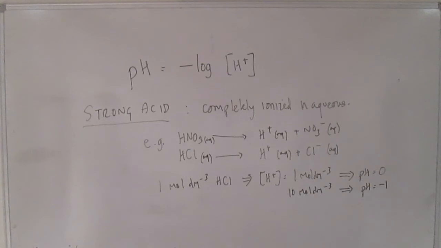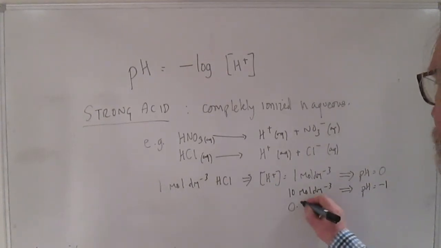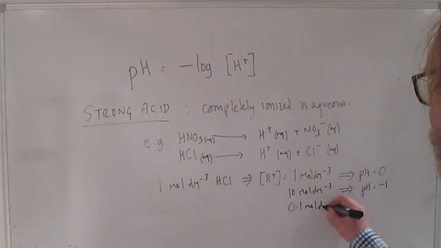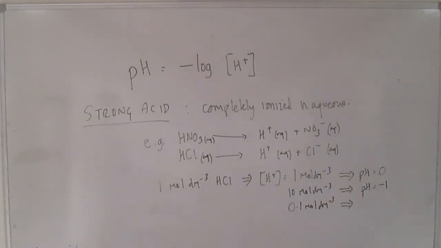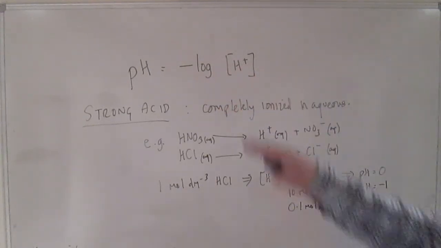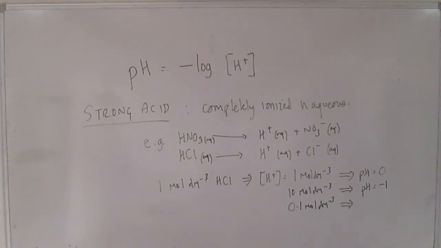If we take something more simple like 0.1 moles per dm cubed, which is the sort of number you get in titrations typically, well, log of 0.1 is minus 1, and so minus of minus 1 is plus 1.